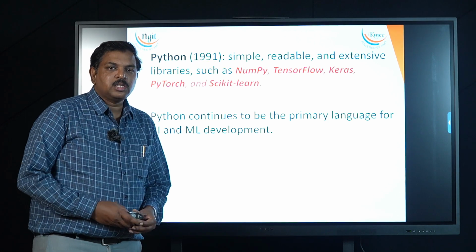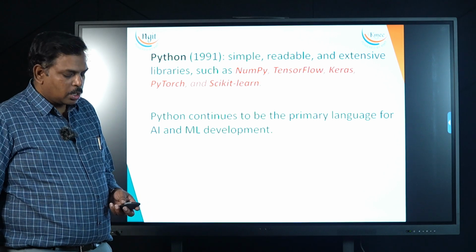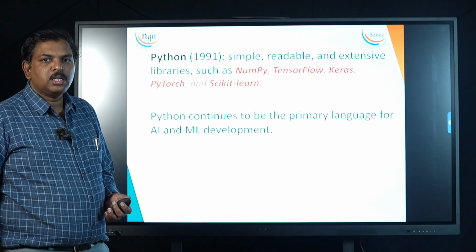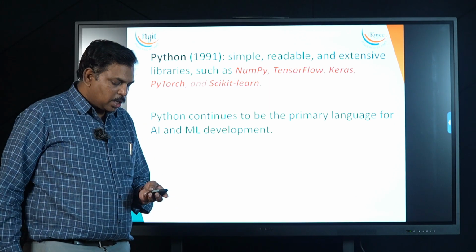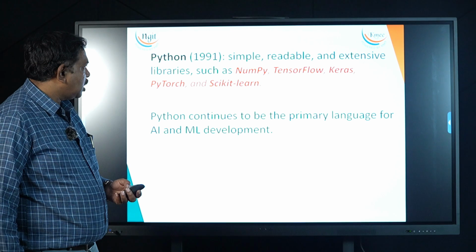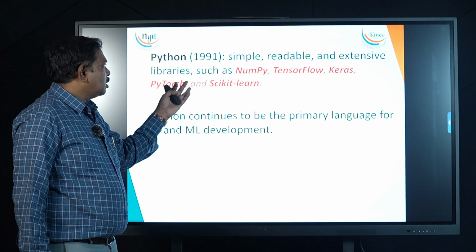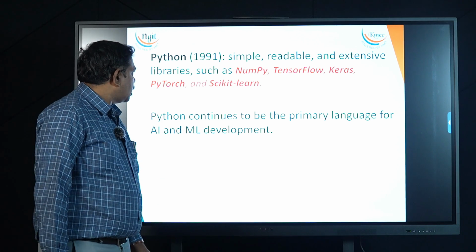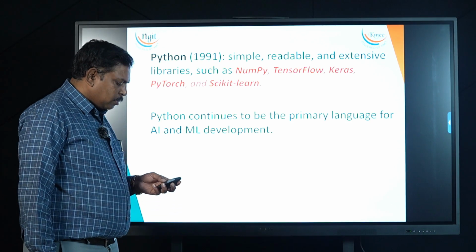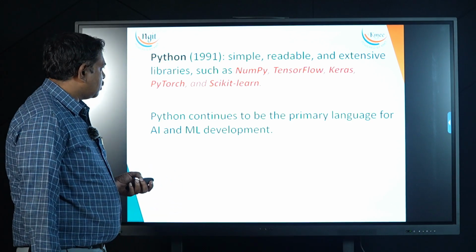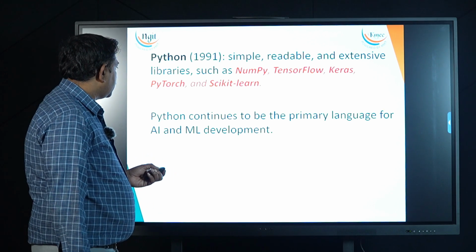Many extensive libraries are available in Python, so any developer who wants to develop an algorithm can easily write the code with the help of Python. Python offers many built-in libraries to help AI developers, like NumPy, Keras, PyTorch and Scikit. There are many features in Python. Because of that, Python has become the primary language for AI developers.